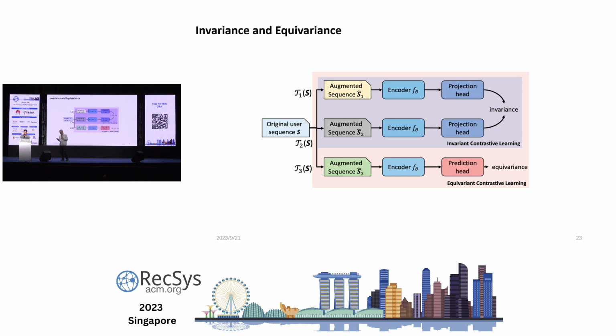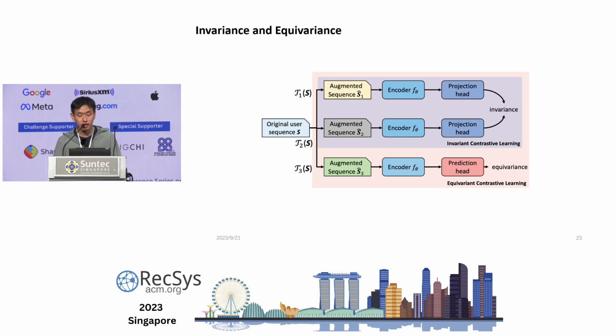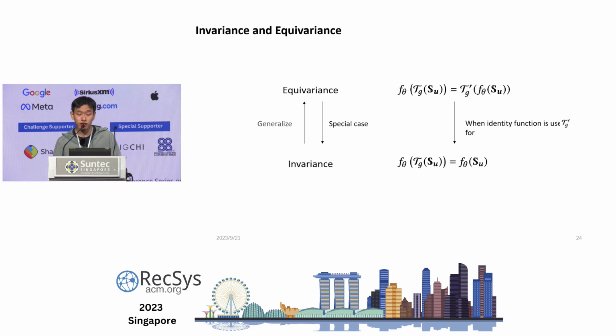Briefly speaking, equivariance studies how transformations of the input user behavior sequence are encoded by the representations, and invariance is a special case where a transformation has no effect. Here is the comparison between these two concepts.